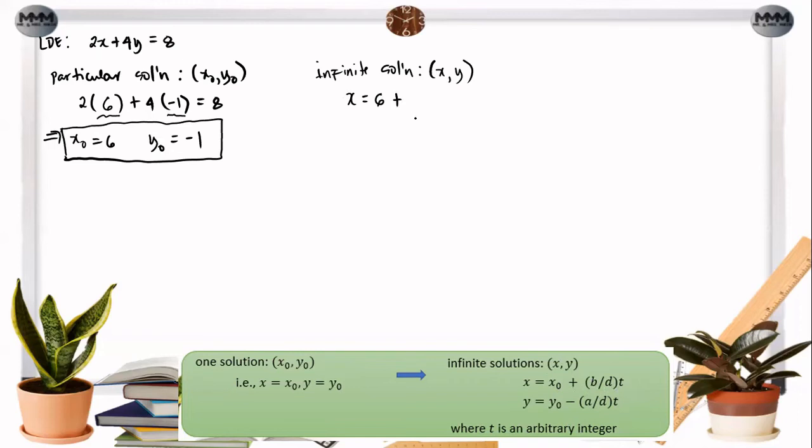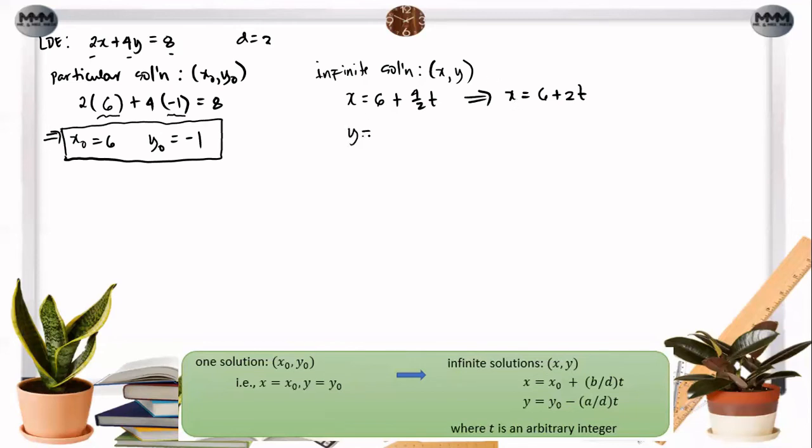Recall that our b is 4, this is a, b, c, and then our d is 2. So b over d is 4 over 2 times t. So x is equal to 6 plus 2t. This will be our x for our infinite solution.